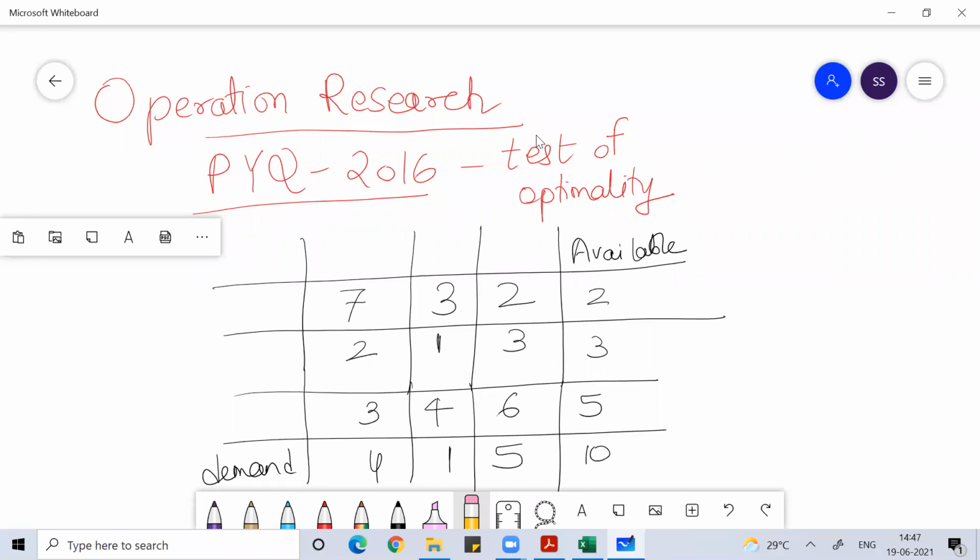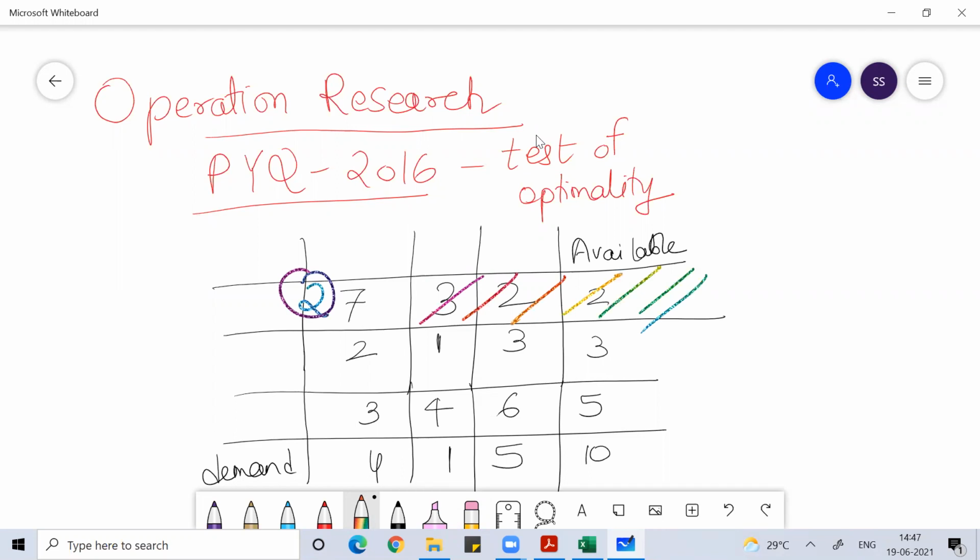Now, if I use the northwest corner method to work on optimality, then if I talk about that allocation, you can see for the first cell you have 2 units, and demand is 4 units. So the maximum you can put is 2 units. So this left is 2.